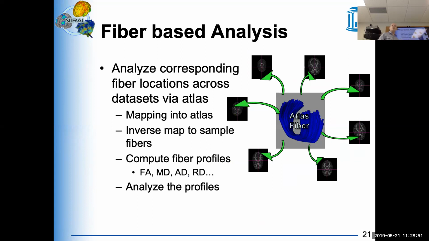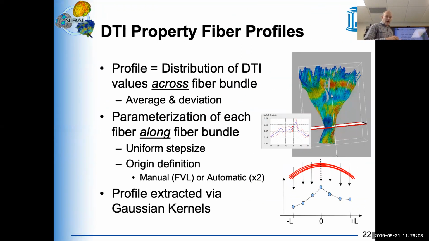And then from the tensor compute the FA, the MD, or the AD without need for any kind of weird interpolation assumptions. So that's how we look up the tensor values.